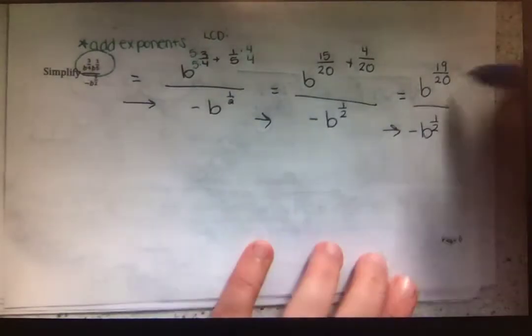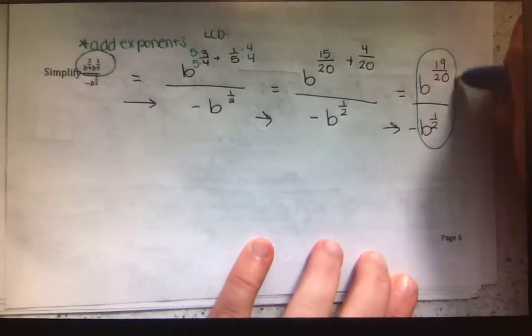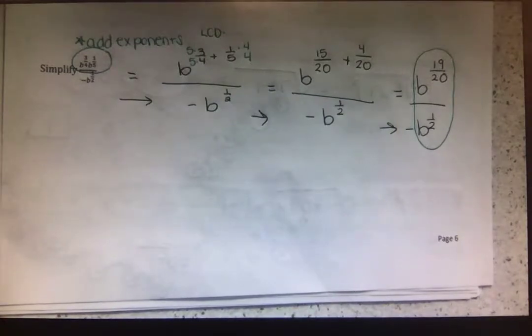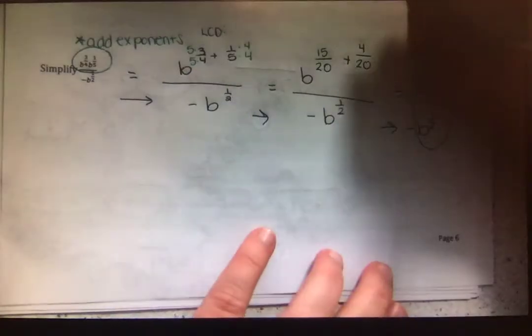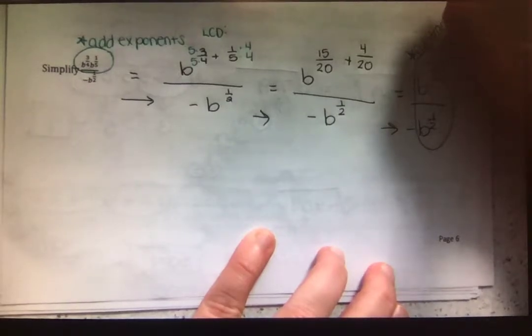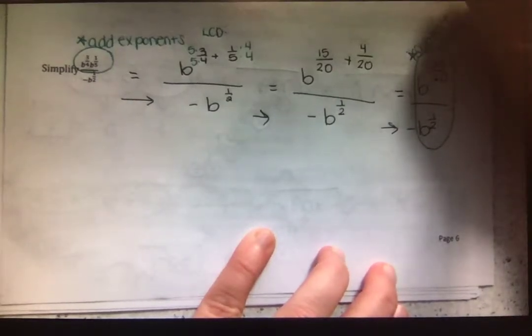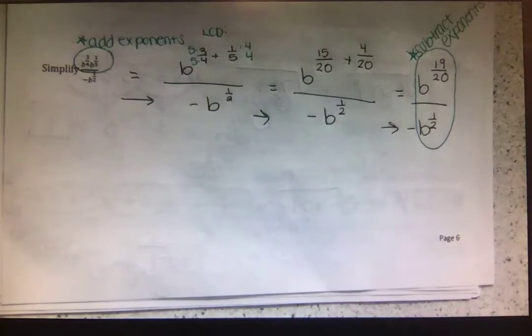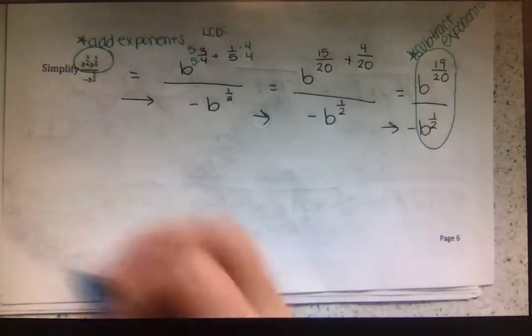Now we can worry about simplifying b to the 19 over 20 divided by b to the 1/2 power. Because they are being divided, we can subtract these exponents.